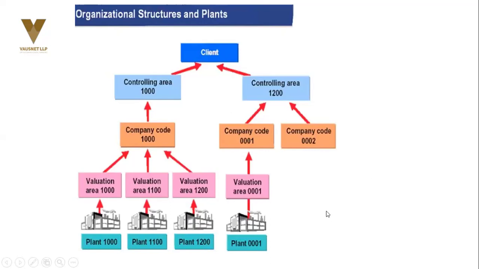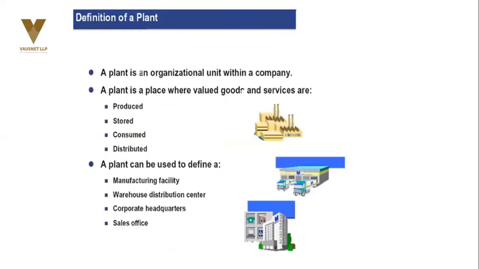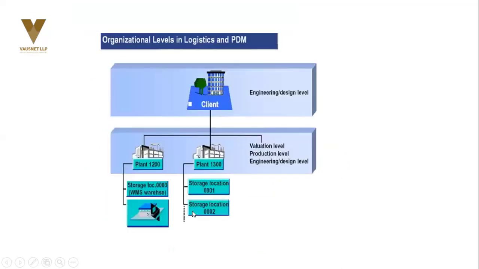Plant is where your material is basically produced, stored, and consumed. A plant is a manufacturing facility or a sales office, and it is also used to define corporate headquarters as well.